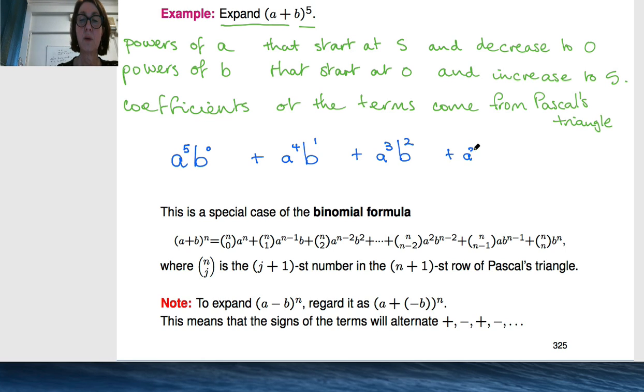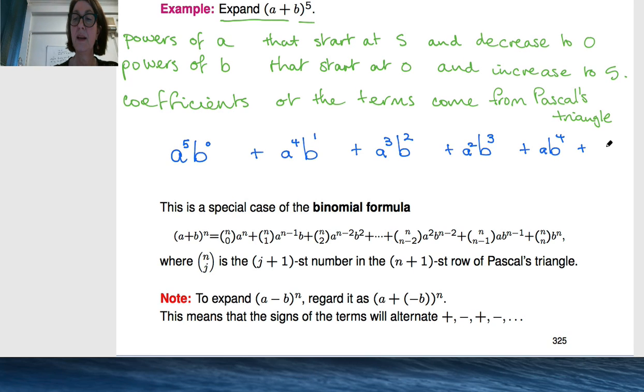Then a squared times b cubed, a times b to the 4th, and then a to the 0 times b to the 5. So b to the 0 is just 1, of course, so this is a to the 5 plus a to the 4th b plus a cubed b squared plus a squared b cubed plus a b to the 4th plus b to the 5th.